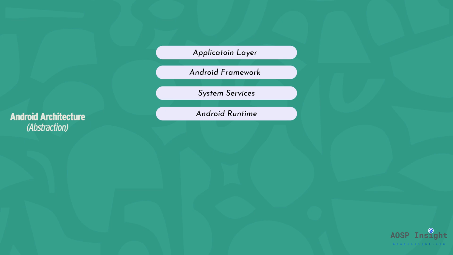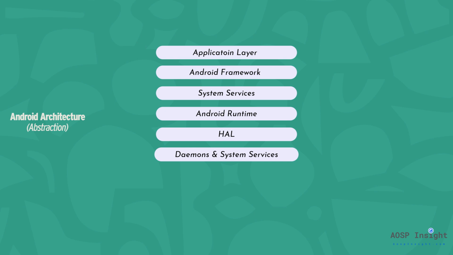Then we have the HAL layer, the last layer of Android on top of kernel daemons and native system services, and the last one will be the kernel. We have 7 layers. You can find different numbers of layers that people have defined within Android. But the point is, if you know that they are abstract, there won't be that much argument anymore.